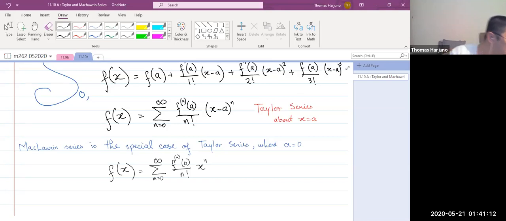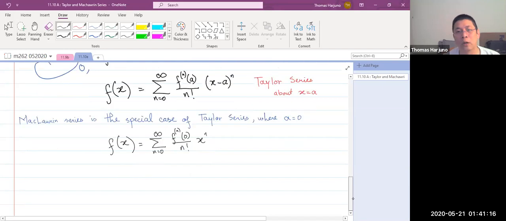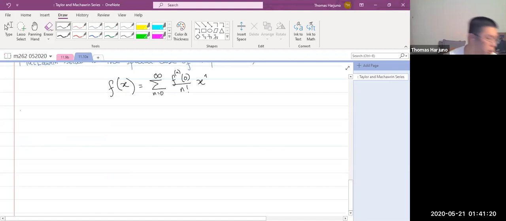Okay, now one of the very well-known Maclaurin series is the Maclaurin series for e to the x. Our textbook does this.